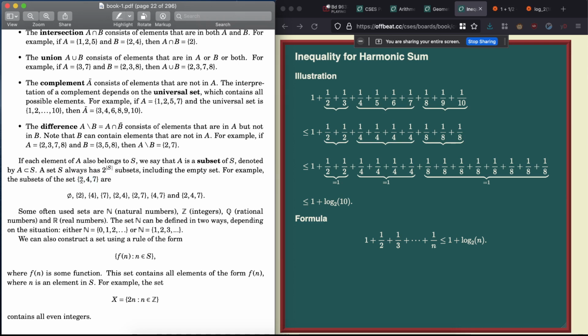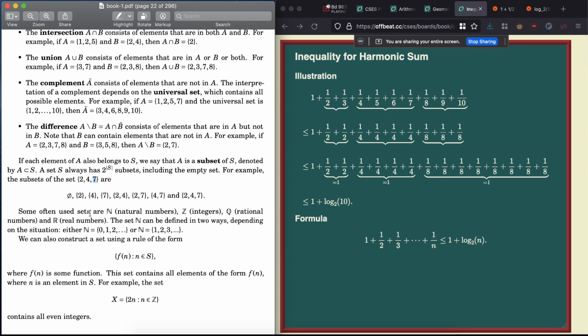In each subset, we can decide whether to pick an element or not to pick an element. So 2 possible choices for this: we can pick it, not pick it. 2 for this, 2 for this. So that's how we get 2 times 2 times 2 equals 2 cubed. So that is the justification for this formula.